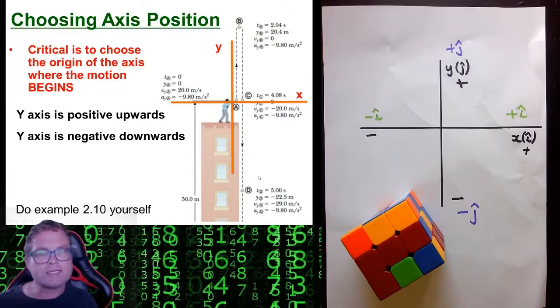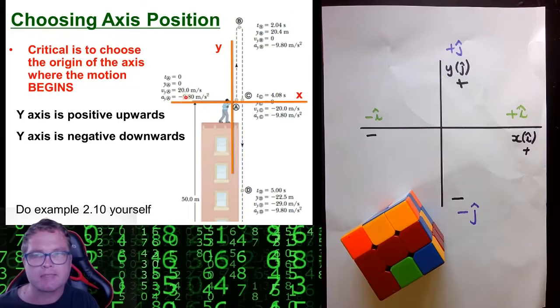What's interesting for us is to look at this example and at the signs of the relevant quantities, and to use this as a thought experiment to understand the different signs. So a person is throwing a ball upwards.